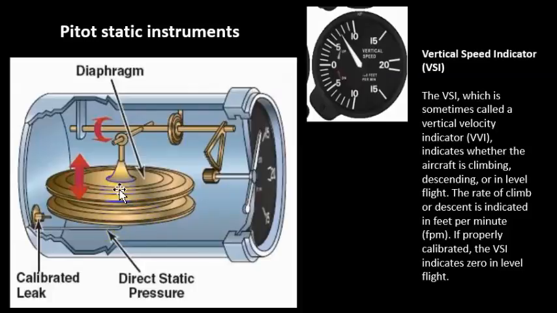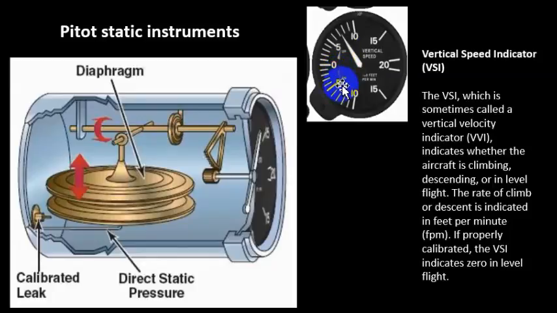Okay, so it's not ram air, it's not blowing it up and reducing it, it's just saying, hey, look, this is the outside pressure. Now, inside here, there's going to be a different pressure, but it's going to be letting pressure in and out, and there's a calibrated leak, which means there's a hole or an orifice, which is basically just a hole, and the instrument basically takes the pressure differences between the diaphragm and the calibrated leak, and we get a vertical speed indication in hundreds of feet per minute.